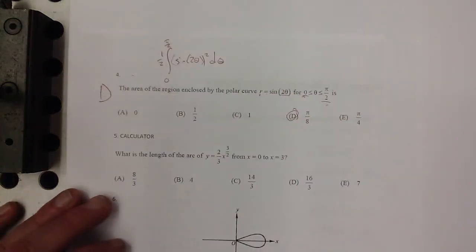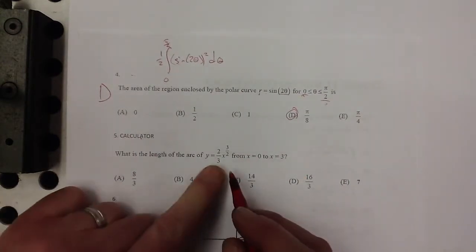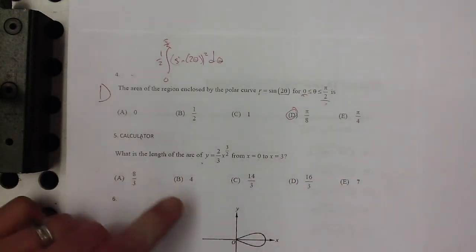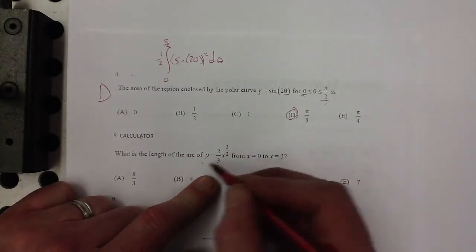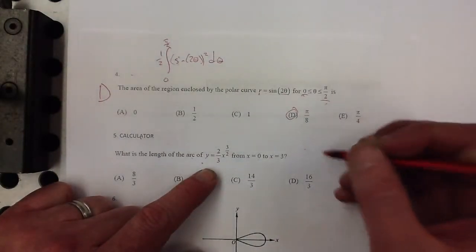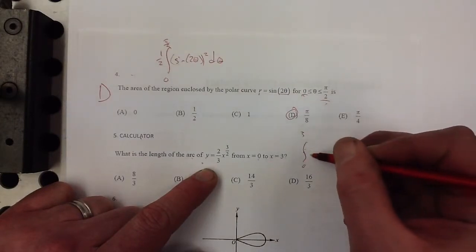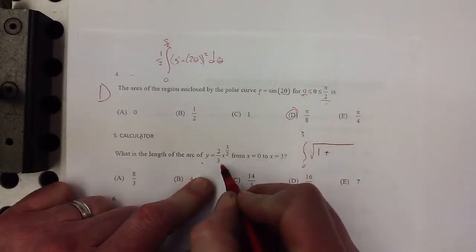All right, this one, supposedly, you can use your calculator, so let's see. What's the length of the arc from 0 to 3? So the length, again, that's a regular one, so it's another one, that bit that I didn't show you yet. From 0 to 3, we want square root of 1 plus the derivative of this.